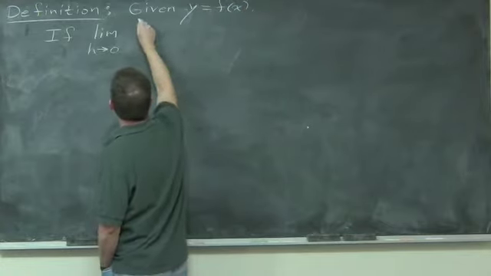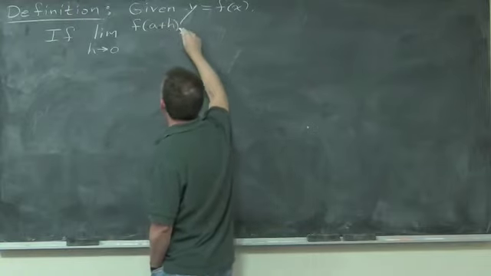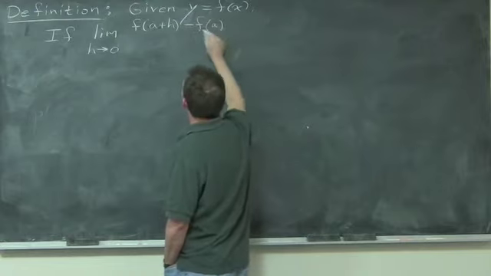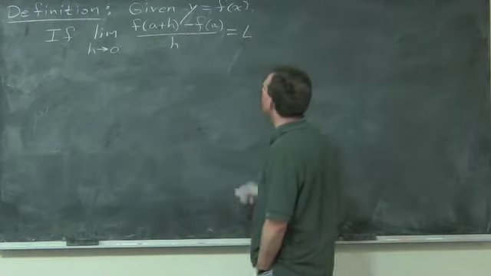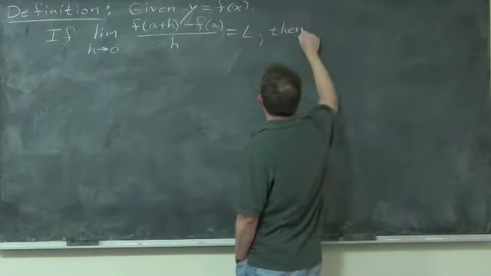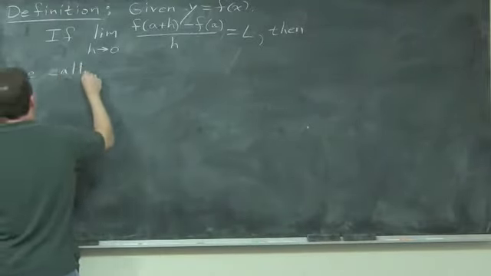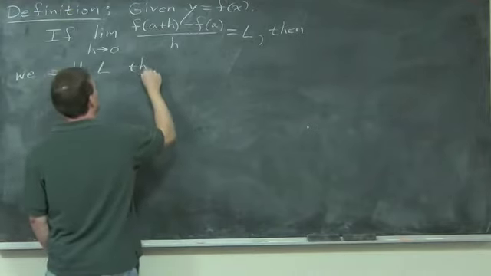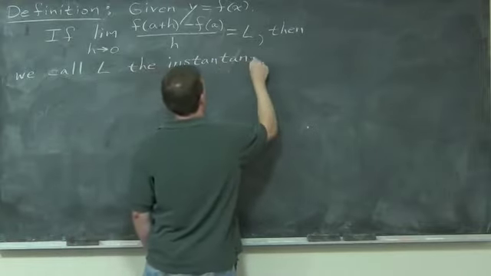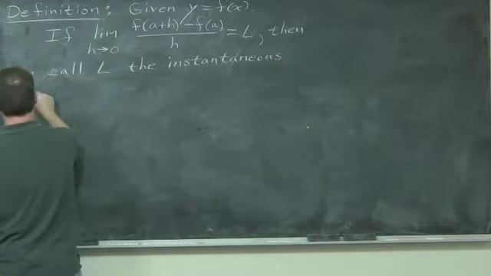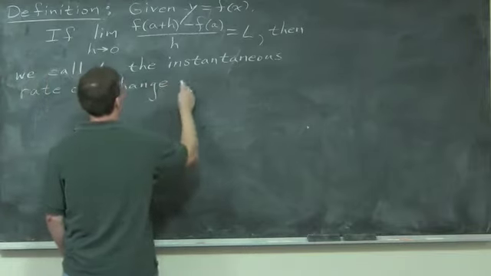If the limit as h approaches 0 of f of a plus h minus f of a over h exists and equals some L, then we call L the instantaneous rate of change, the IROC, as opposed to the AROC.